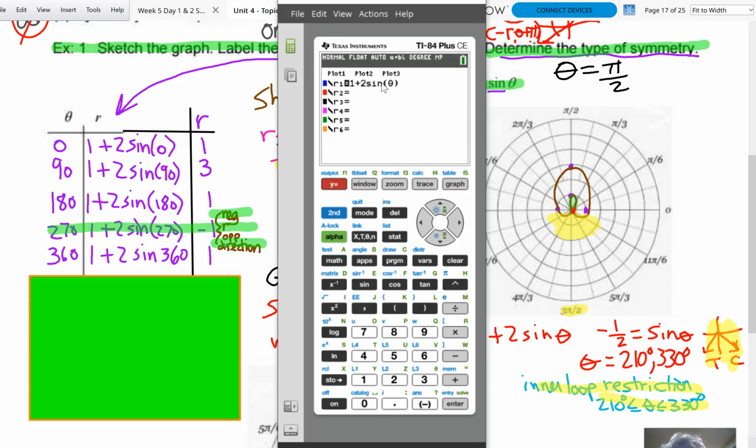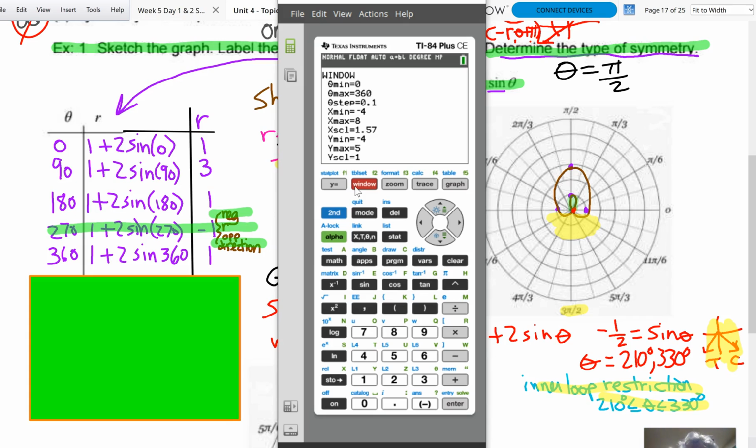Now, to make sure that I can see the graph clearly, I'm going to do two other things before I plot this and then determine what the restrictions are on the inner loop. One is I'm going to change my window. Okay, so now notice it's not just x and y. If you were using parametric form in your calculator, which we didn't really cover very much, you would have seen t, x, and y.